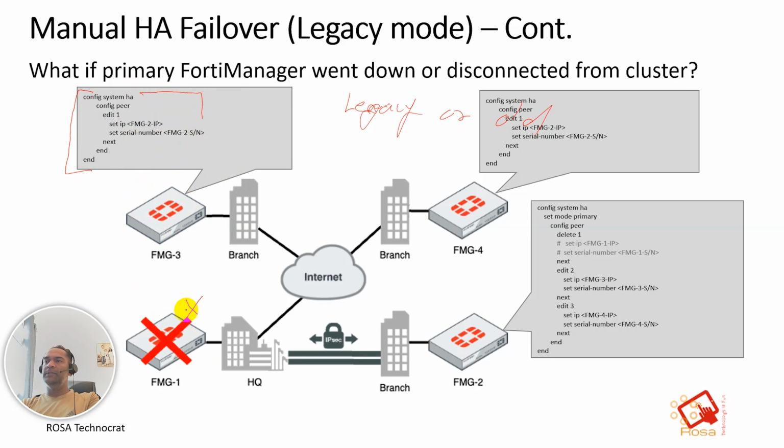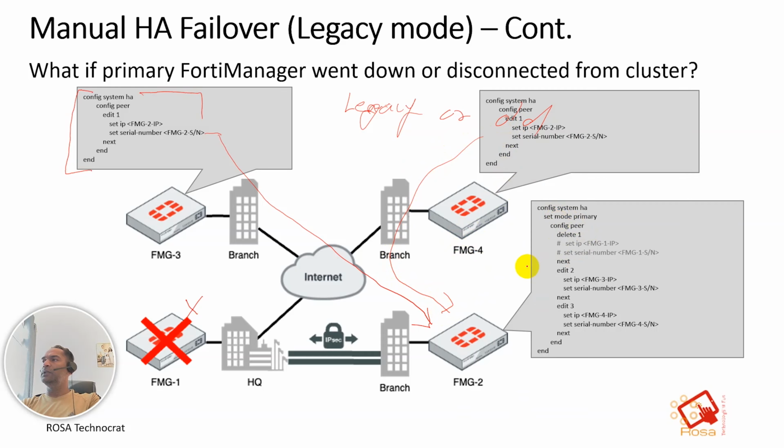Let's say FMG1 went down. What happens after that? On FMG3 you will have config system ha, and you will have a serial number pointed to FMG1. You have to change this to the FMG2 serial number. Under config system ha, config peer on FMG4, again you have to change the serial number to FMG2.